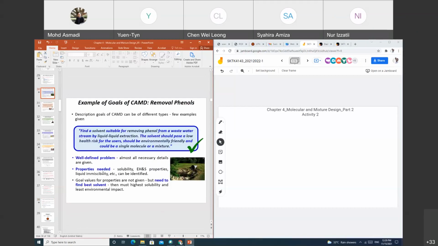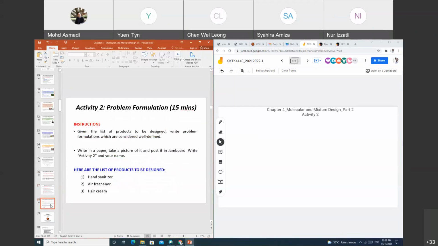Find the solvent, something like that. Anyone? Please do it right now. I give you 5 to 10 minutes.